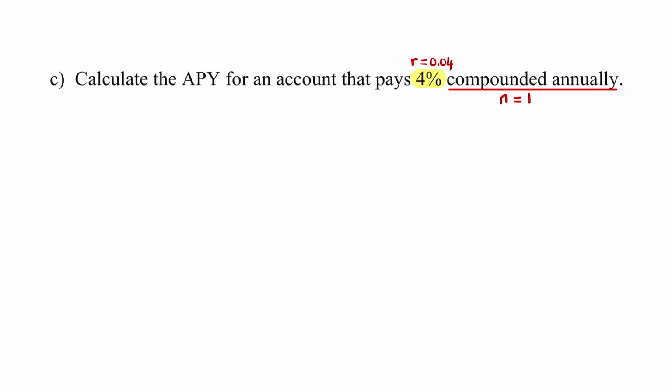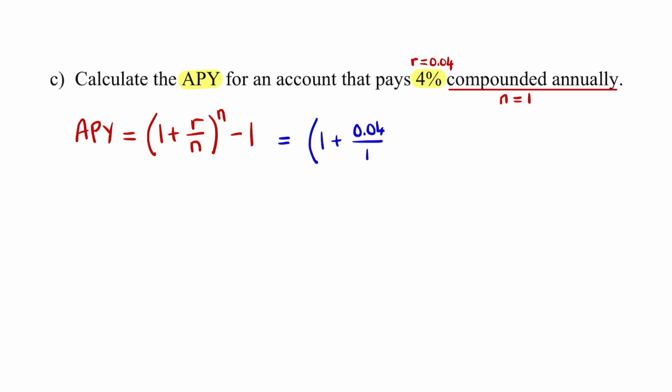I need to calculate my APY, so I'm going to use my APY formula. I am going to substitute R with 0.04 and N with 1. I have 1 plus 0.04 over 1 raised to the 1 minus 1.